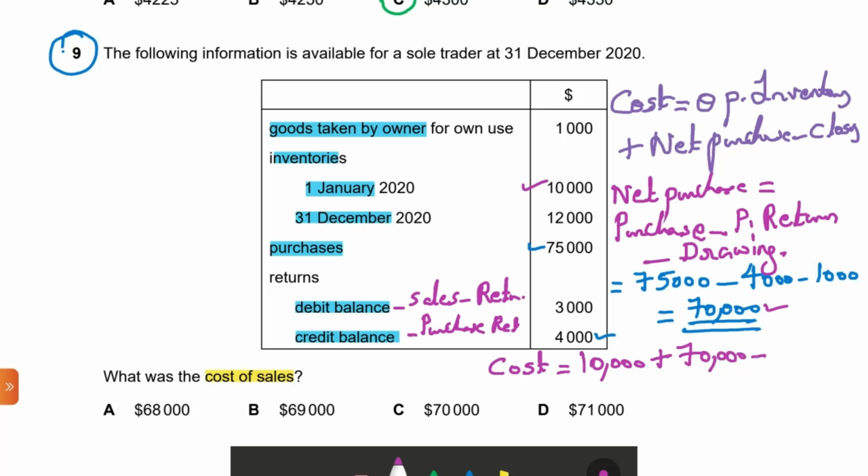What is the closing inventory? 12,000. How much does it come to? 10 plus 70, 80. 80 minus 12,000, 68,000. So the correct answer is 68,000. So option A is the correct answer.